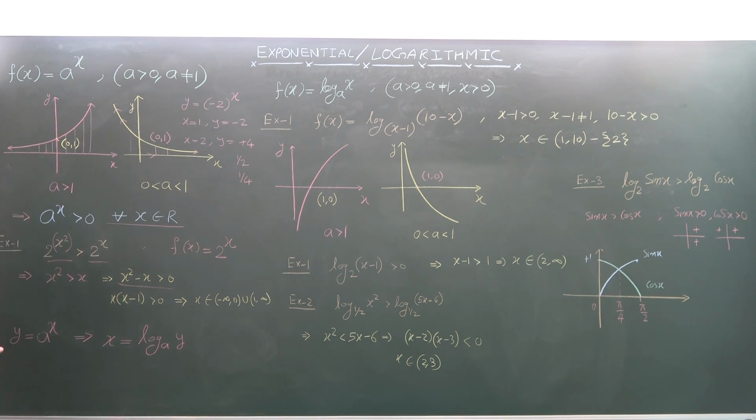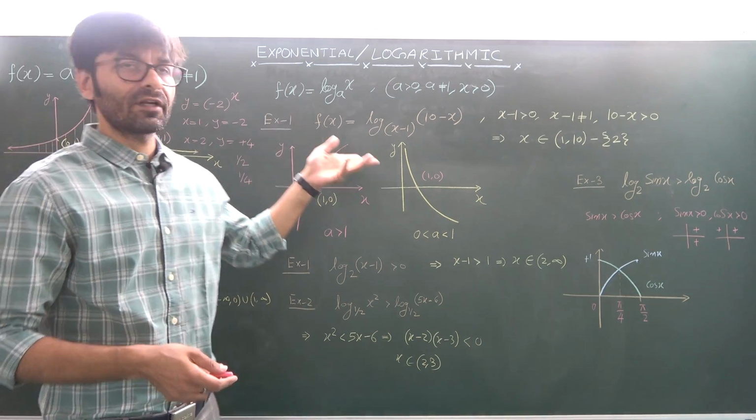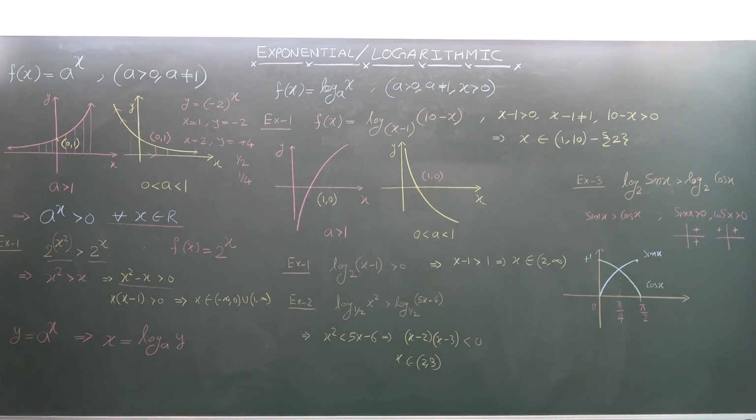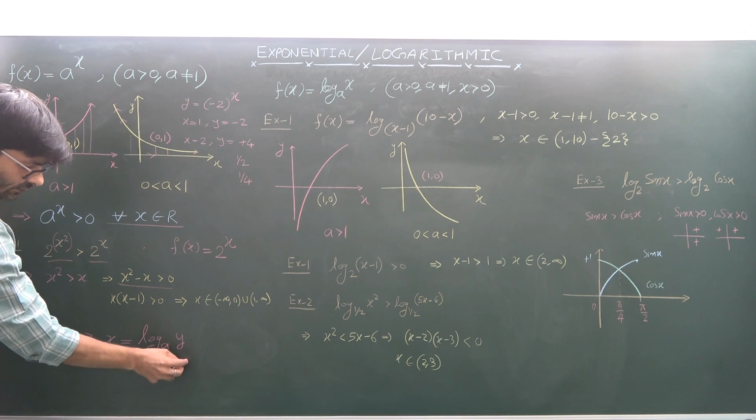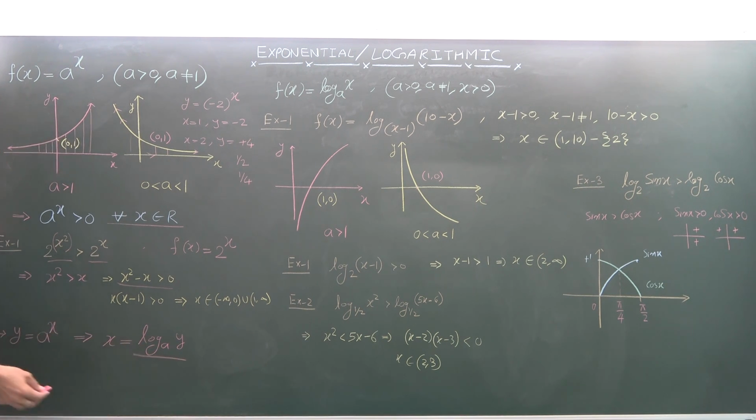Okay, now we are trying to move to the logarithmic function, but before that, suppose for this exponential curve, I write y equals a raised to the power x, converting this into a logarithmic function. So x equals log of y to the base a. Now for this particular exponential curve, a should be greater than 0 and a not equal to 1.